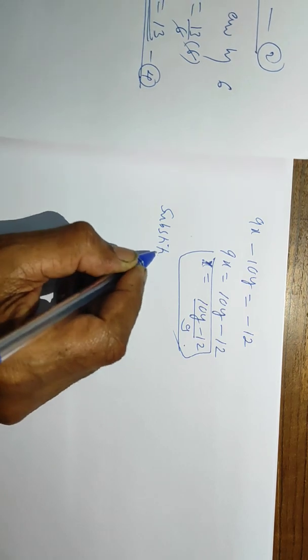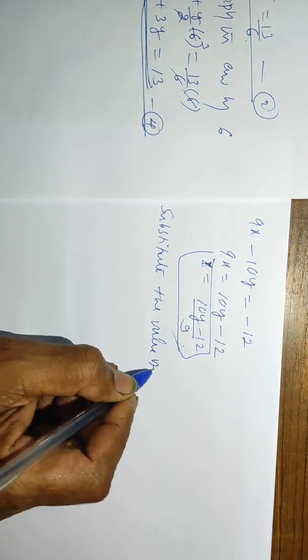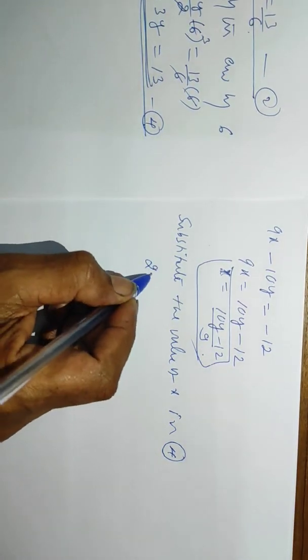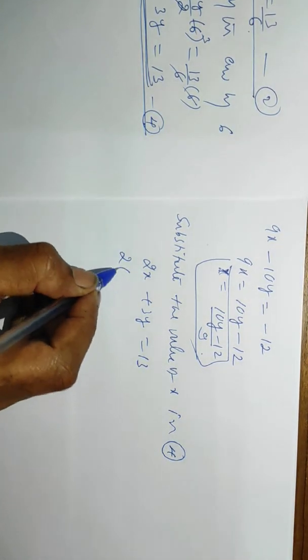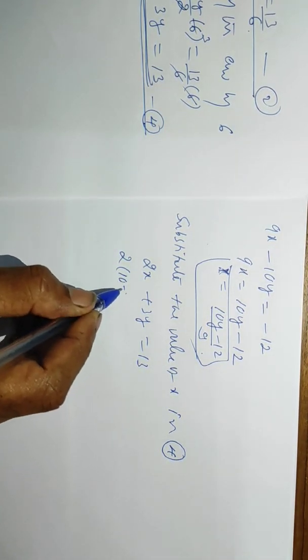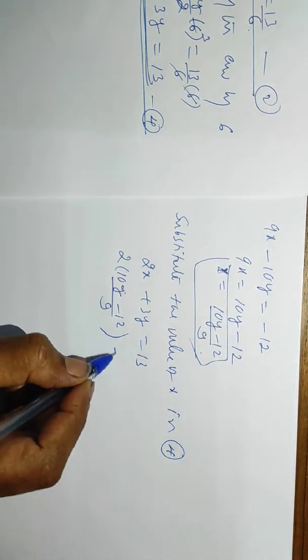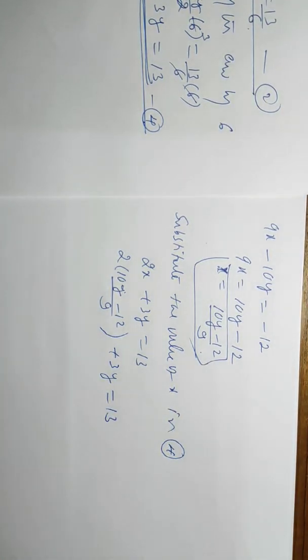Substitute the value of x in 4, that is 2x plus 3y is equal to 13. 2 into 10y minus 12 by 9 plus 3y is equal to 13.